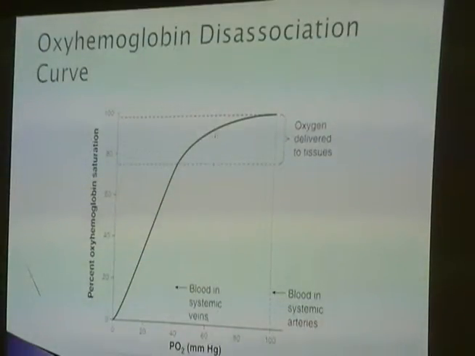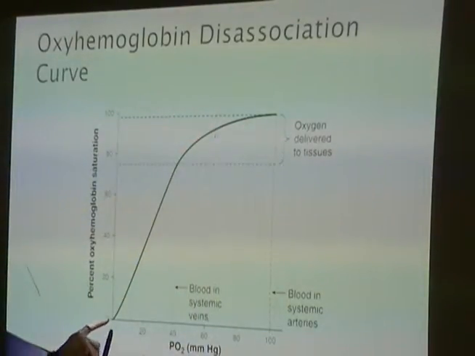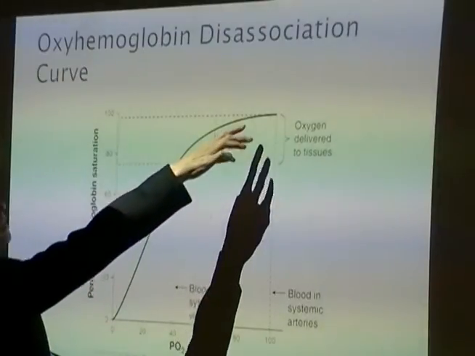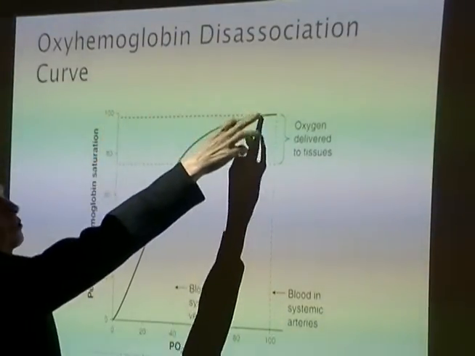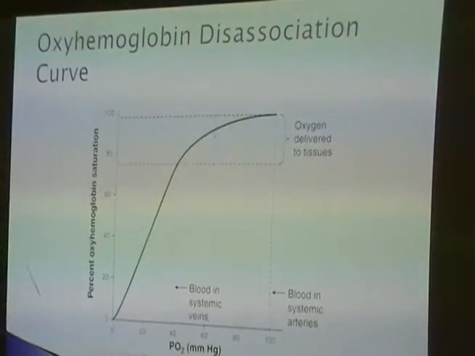I want to pick it up at the right time, I want to let go of it at the right time. So what we find is that at 0% saturation, my hemoglobin has no oxygen on it, right? And here I've got 100% saturation, I've got lots of oxygen, and I can deliver it to the tissues, right?